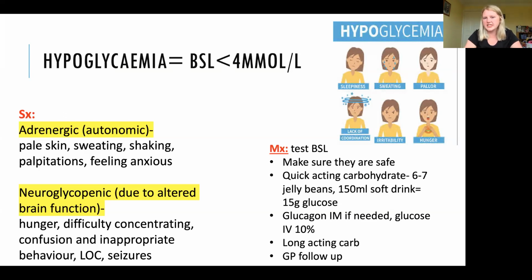They will need to keep testing their blood glucose in that time, as we normally don't give the long acting carb until their blood sugar level is back within target. For any patient that develops hypos, this can have implications on driving and safety. So it's important to educate, but also encourage GP follow-up if they're having recurrent attacks of hypoglycemia.